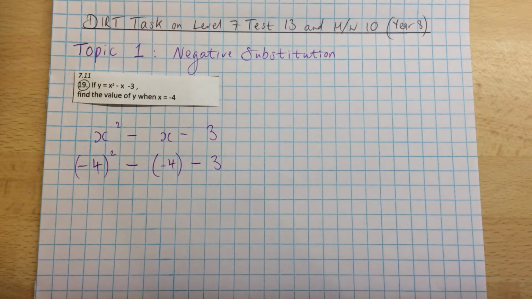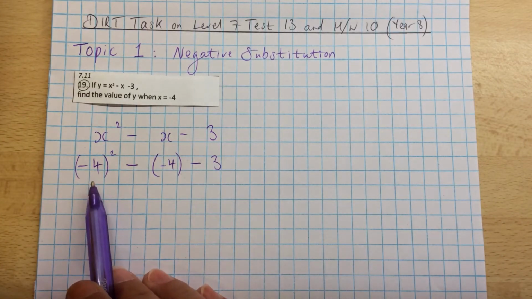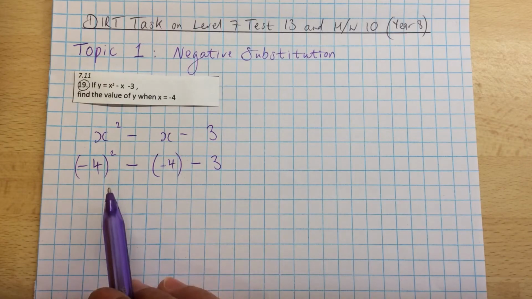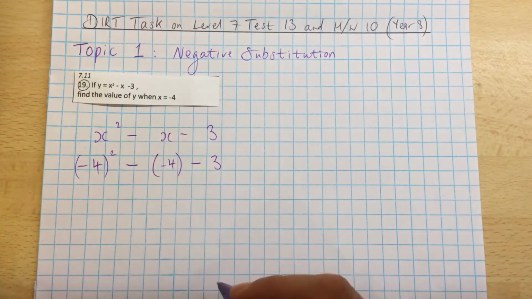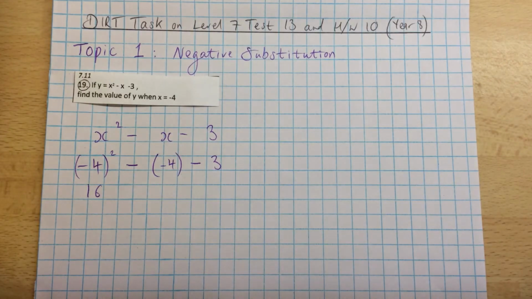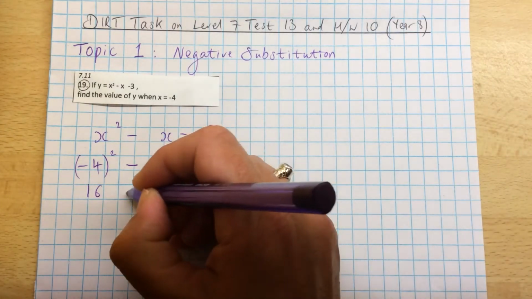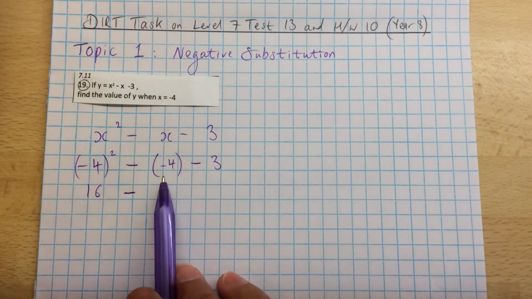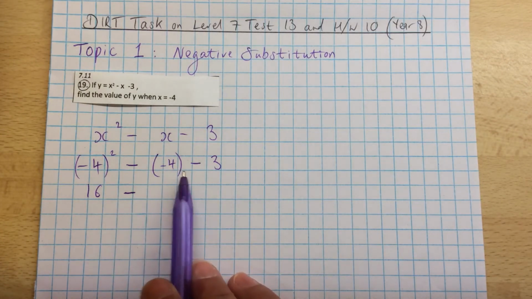So there's lots of negatives going on. Let's deal with the first term. Negative 4 squared, let's change that now to negative 4 times negative 4 is 16. It's positive 16 because negative times negative is a positive. Then we've got a big subtract sign, but we've got a subtract negative 4.